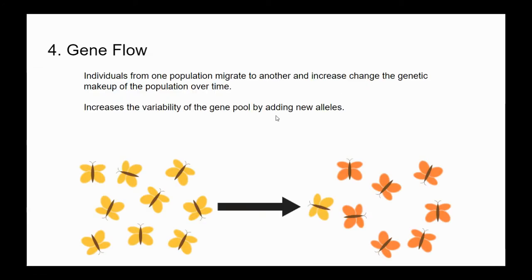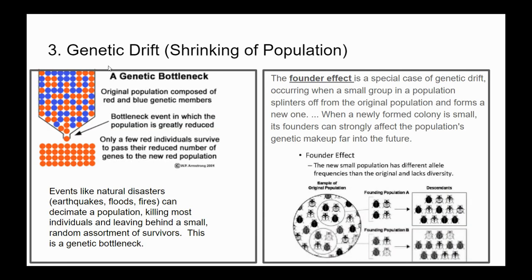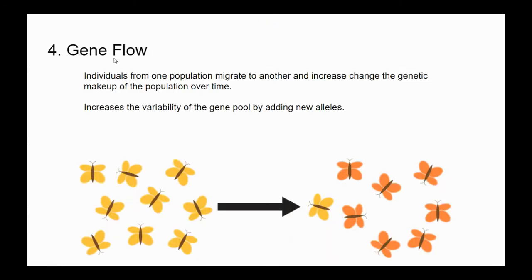Okay. The next one is gene flow. Gene flow is when individuals from one population migrate to another. So genetic drift is a shrinking of a population, so you're not mixing populations. And gene flow is the mixing of two populations. So you have a population in one area, and then one of them goes into the other area and mixes.